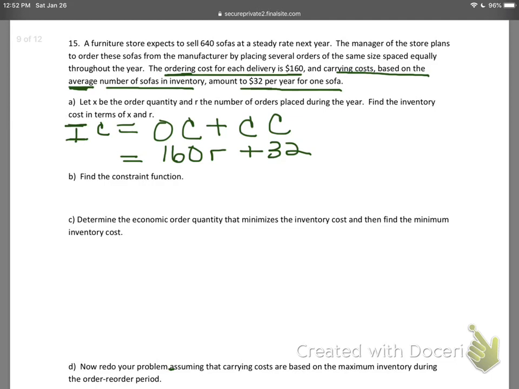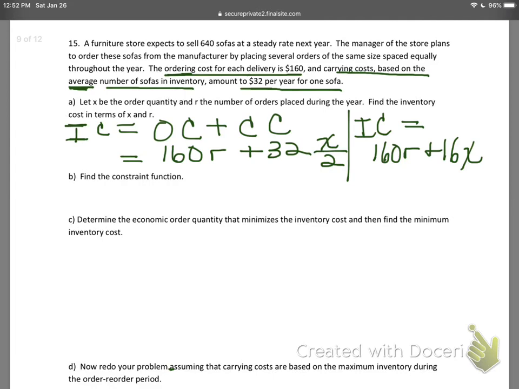So it's 32 times the number in your order over 2. All right, so that's my setup. Now, clearly I can put the 2 into the 32 and get the 16. So my inventory cost will equal 160R plus 16X. Okay, so that's the answer to the first question.